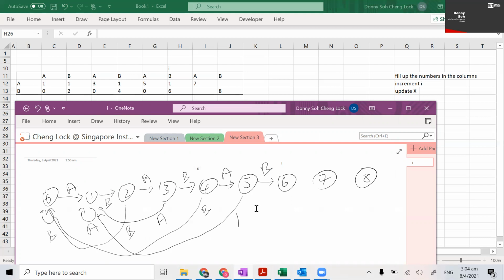Okay. From 6 to 7, this will be an A. If I were to see a B at state number 6, let's look at state X. If I were to see a B, it will bring me back to state 0. So at this point of time, this is going to go all the way back to 0.